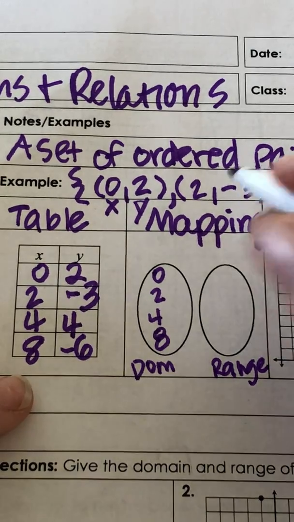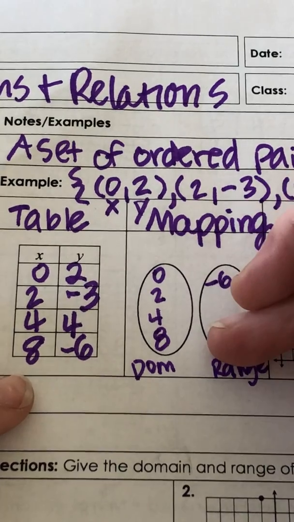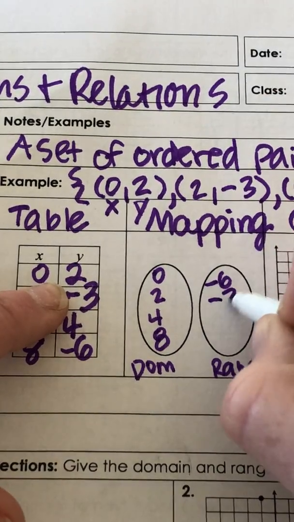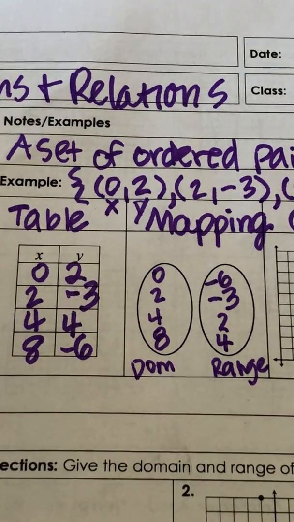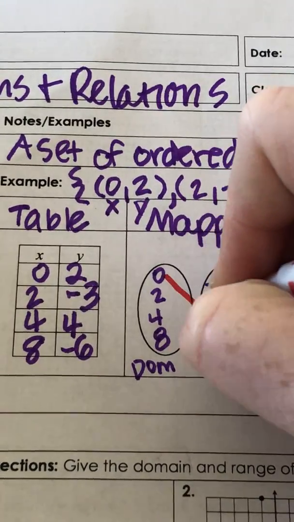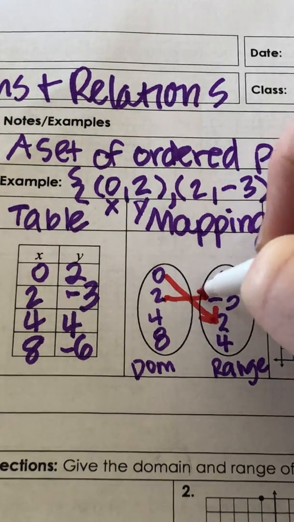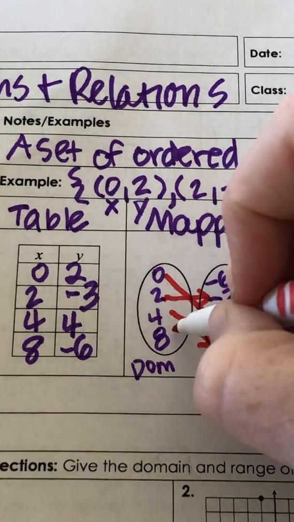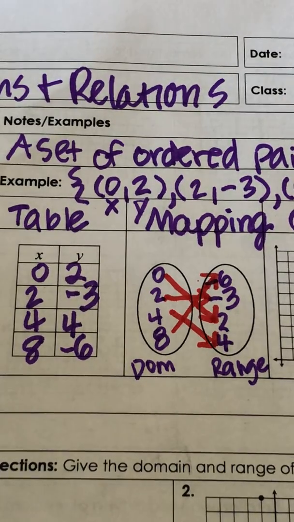Our lowest range value would be negative 6, because you're just listing the Y values that were used. Then negative 3, then 2, then 4. So a mapping will map the domain to its value in the range. So 0 would go to 2, 2 would go to negative 3, 4 would go to 4, and 8 would go to negative 6. And that is a mapping.